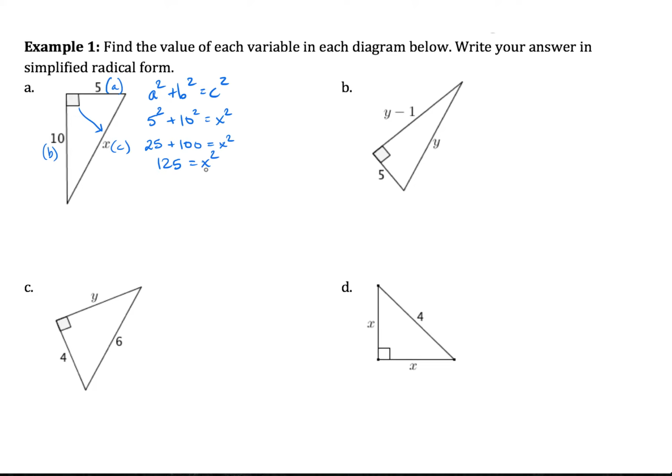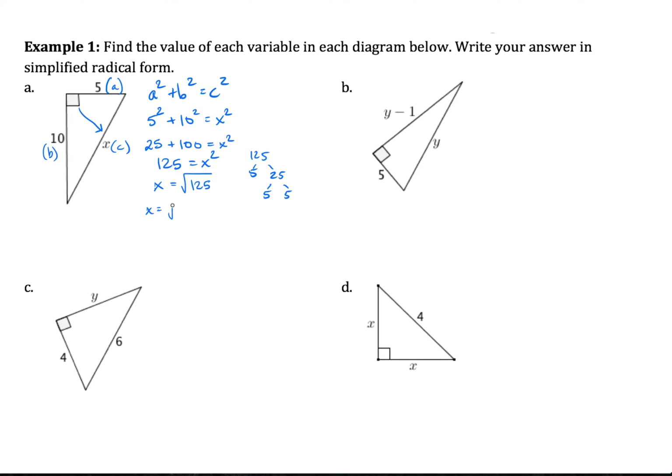And now, of course, we know that what this means is I need to take the square root of both sides. So X, I'll flip this around a little bit, X is going to be equal to the square root of 125. Now 125 is 5 times 25, and 25 is 5 times 5.